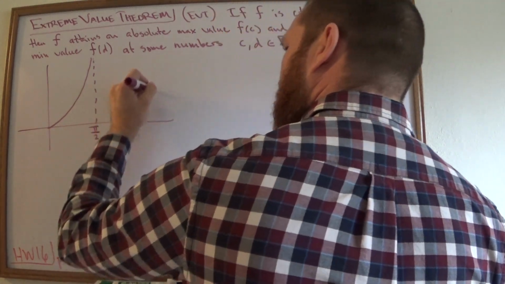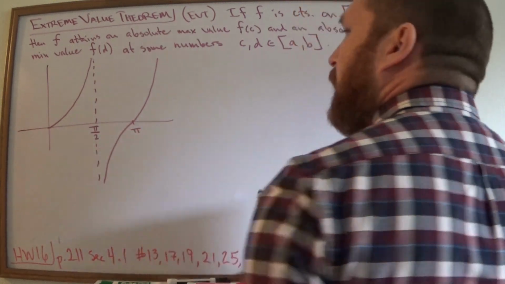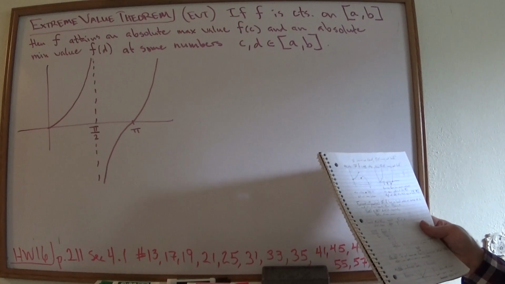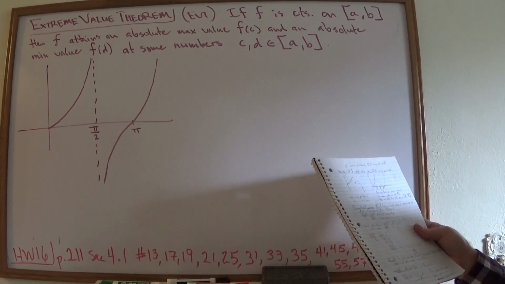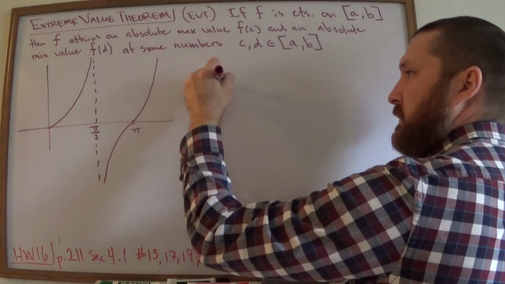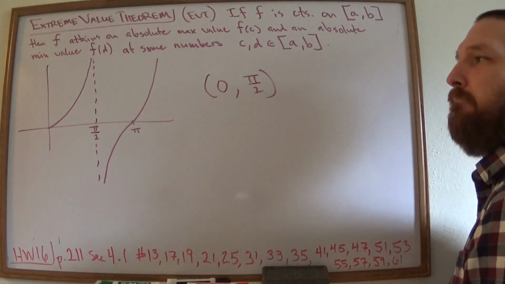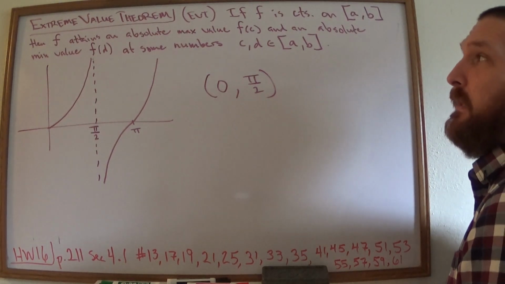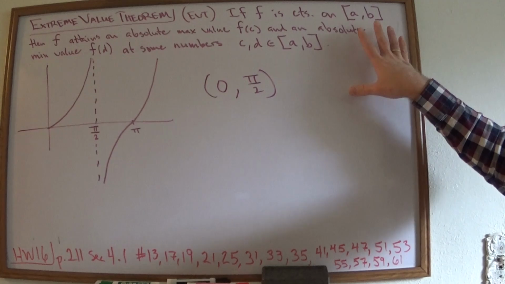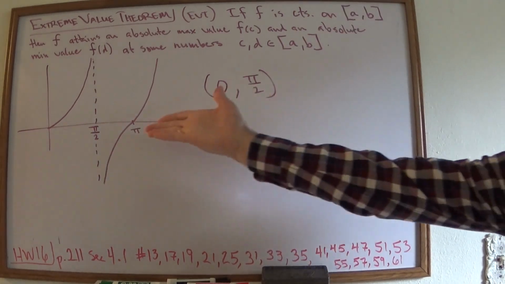This is our friend tangent. And here's pi. Tangent has no max value on the open interval 0 to pi over 2. So the interval's open, and that's where this breaks down. Since the interval's open, you can't guarantee it.